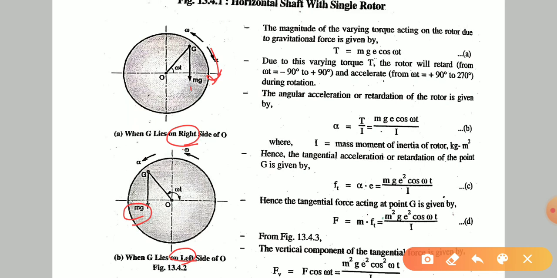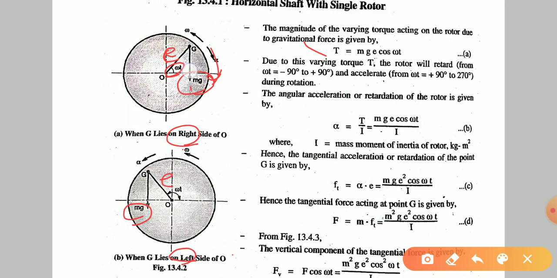So the magnitude of this varying torque acting on the rotor due to gravitational force can be found as T. Torque, we know, is equal to force into perpendicular distance. So here the eccentricity is E, and this angle is omega t.